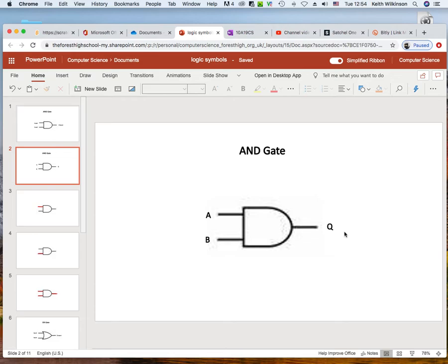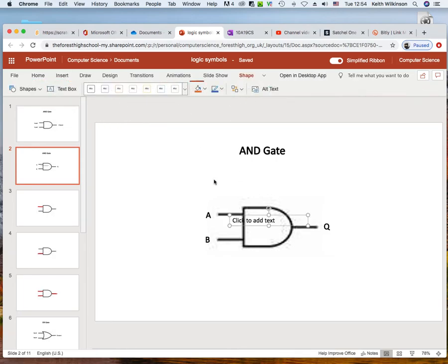Now we need to be able to write this down mathematically, and you'll probably see it written down and be expected to draw this image. So let me put a text box in. The way to write this expression is simply A AND B equals Q. Now notice I've written it backwards to the way you would write maths or a programming statement.